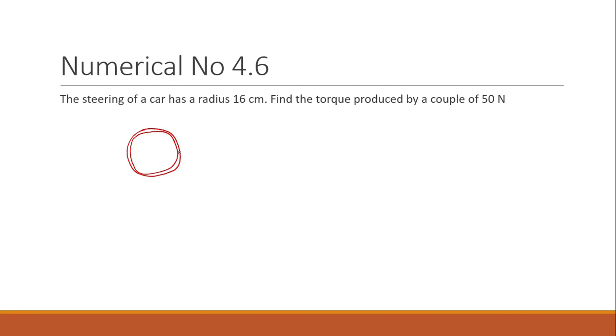The force F is applied in the upward direction and here in the downward direction. These two forces are equal to each other, and the value of this couple force is equal to 50 Newton.